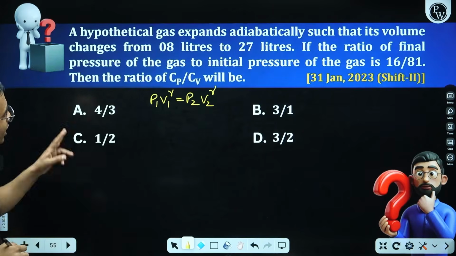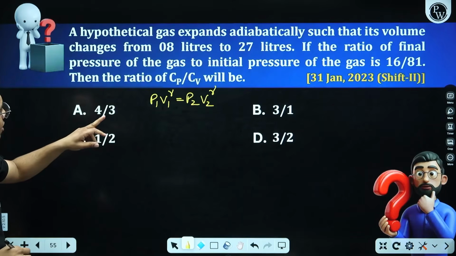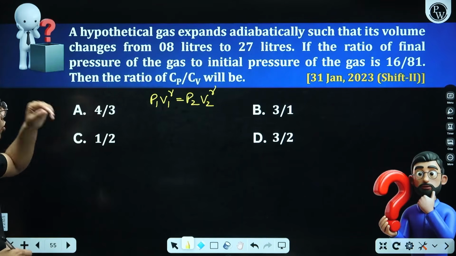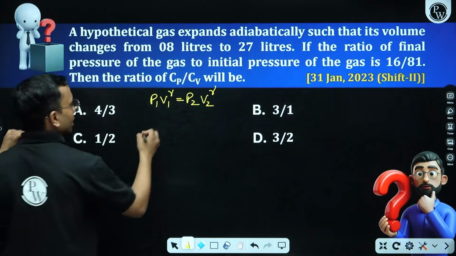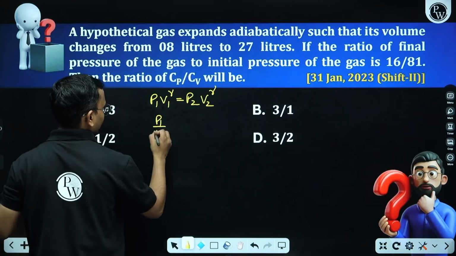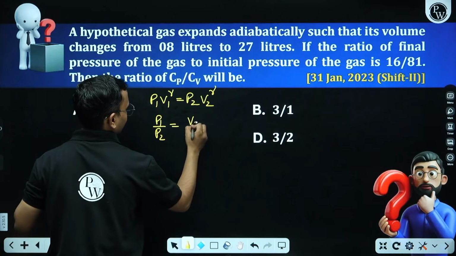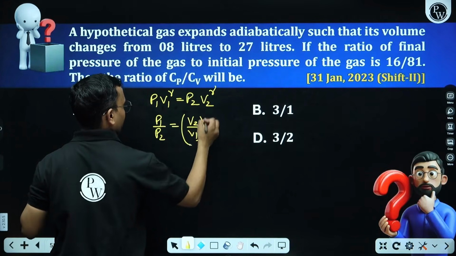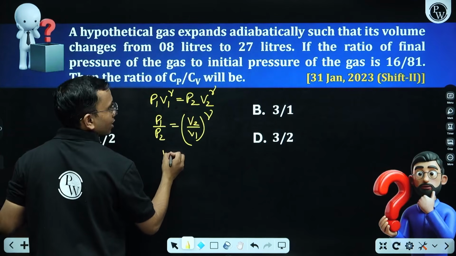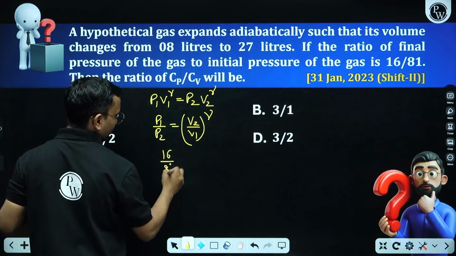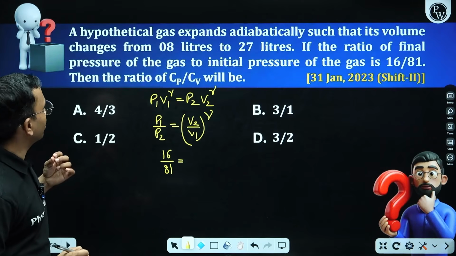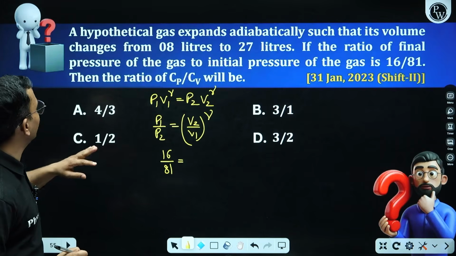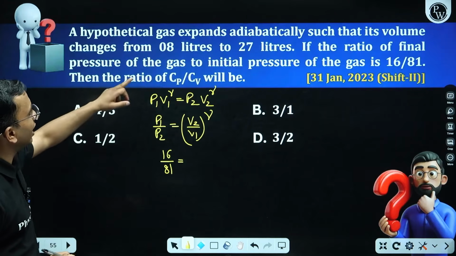Volume is changing from 8 liters to 27, and the ratio of the final pressure to the initial pressure of the gas is 16 by 81.